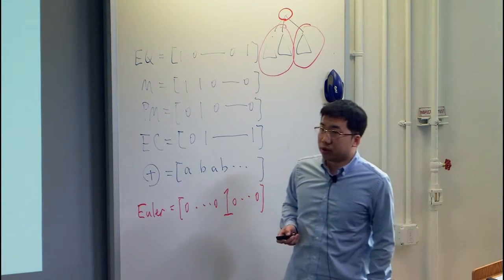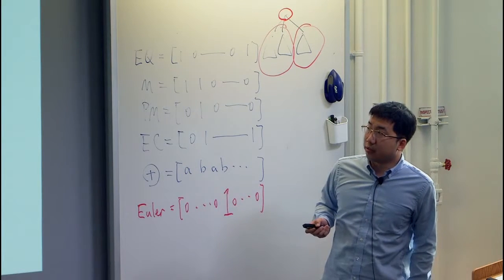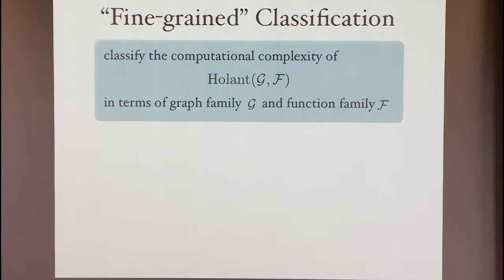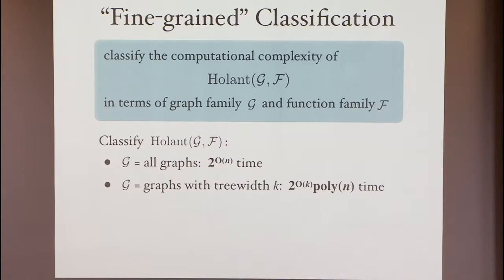So back to our goal of classifying the computational complexity of Holant problems according to the graph family and the signature family. We gave a class of nice Holant problems, which are close to spin systems in computation, in the sense that these Holant problems can be computed in time exponential in n, where n is the number of vertices instead of edges.